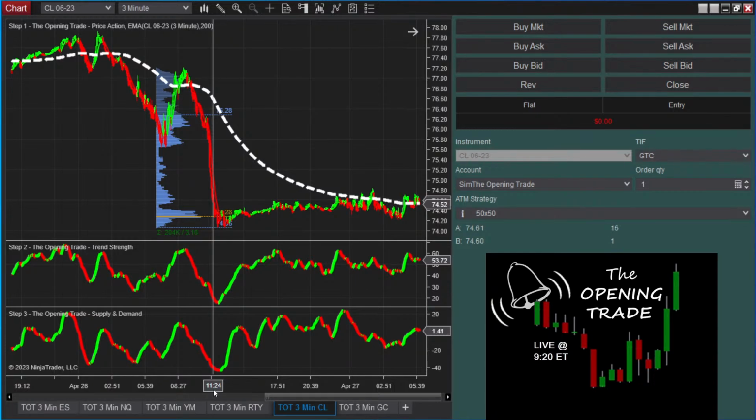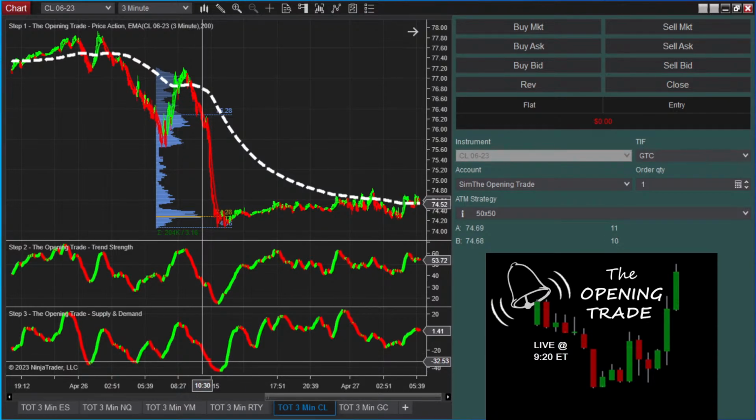Anyways, yesterday at 10:30 Eastern Standard Time, the crude oil inventory came out, and that's why we see this ginormous drop here, because they're thinking they have too much oil on hand.